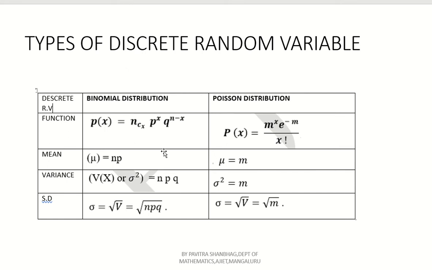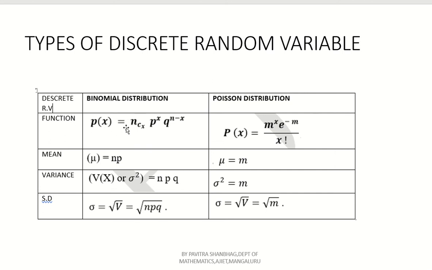Now, here you have to remember this chart, then it will be easy to solve the problems. In this new syllabus, they have removed the derivation of all these mean, variance and standard deviation for both the distributions. So you just need to remember the table of this. What is the probability function for binomial distribution?